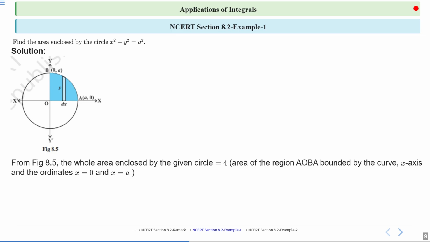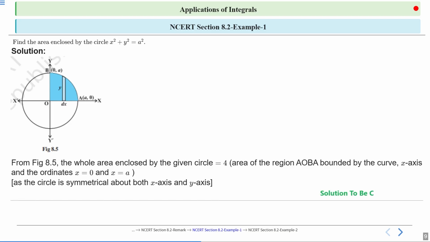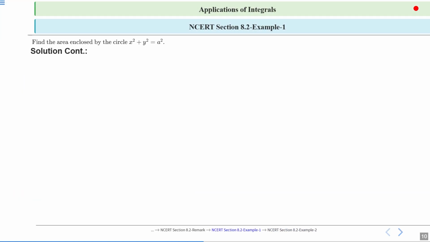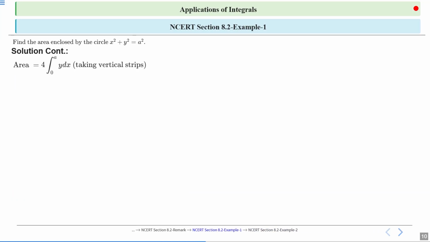So we have to calculate the area in this region, and the curve y equal to f(x) is the circle. Okay. As the circle is symmetrical about both the x-axis and y-axis, we get area equal to 4 times the definite integral from 0 to a of y dx.